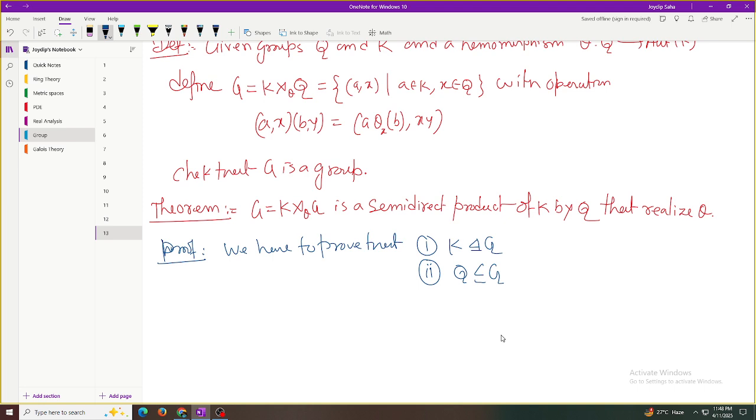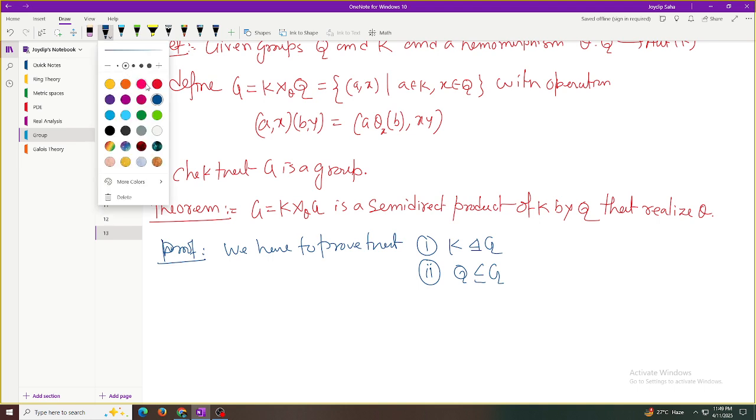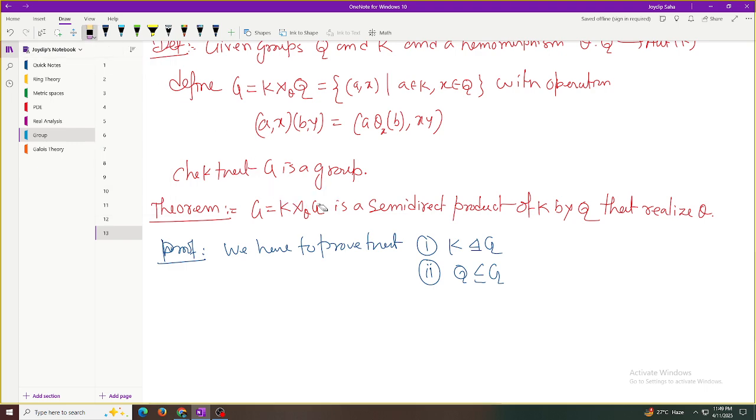K means K comma identity, that is, we identify it with K. That is Q.